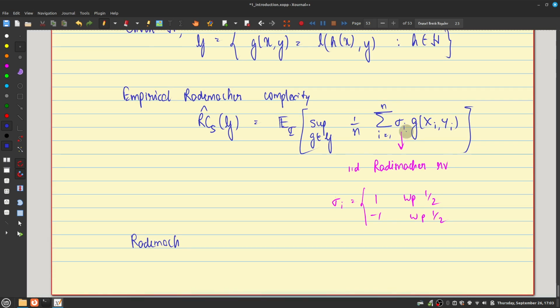Just to be clear, the empirical risk R_S of h is nothing but 1 over n summation i equal to 1 to n of g of xi yi.